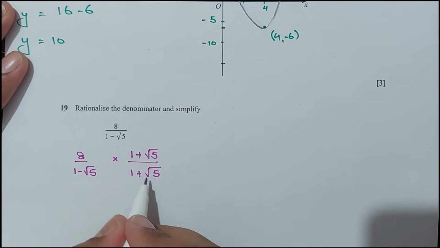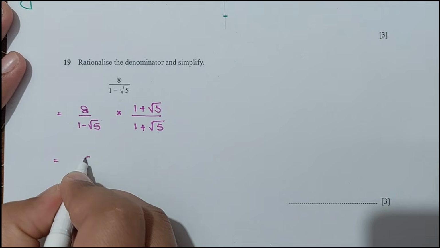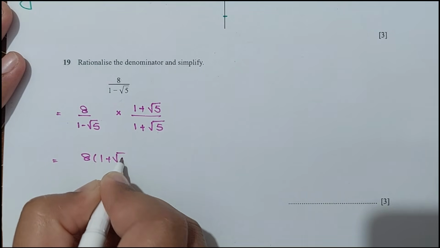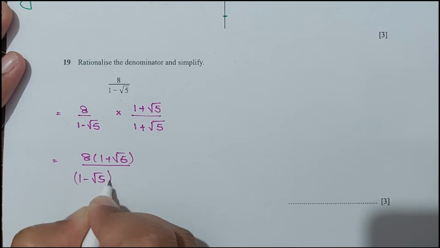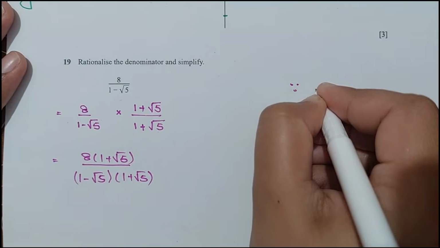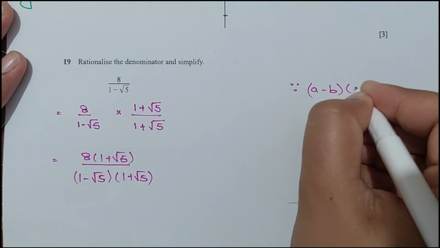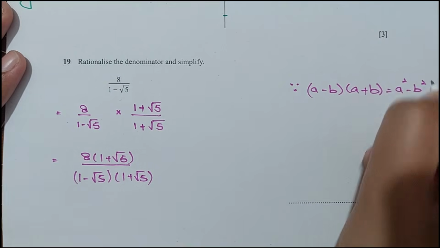You have to multiply and divide by 1 plus root 5. This is the rationalization. 8 into (1 plus root 5). And here we have to do (1 minus root 5) into (1 plus root 5). Use the formula of difference of squares. We have (a minus b) into (a plus b), which is equal to a square minus b square.